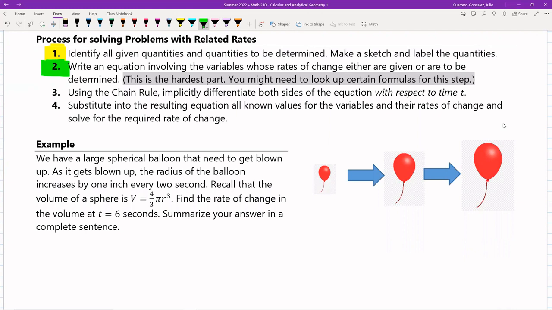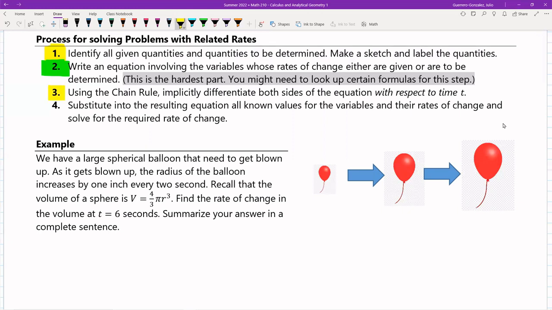Sometimes it's just the volume of a sphere. Sometimes it's the area of a triangle. Sometimes it's the volume of a cube. If you don't remember them, ain't no shame. Go look it up. Google is great for this. So step two is the hardest.